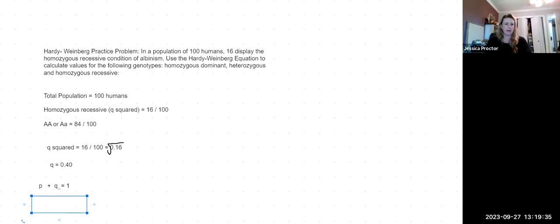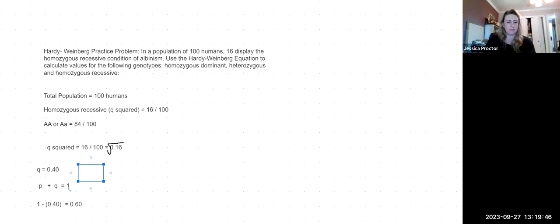So now we have our value of P and our value of Q: Q equals 0.40 and P equals 0.60. Is everyone with me thus far? Awesome. That's the conclusion of step 1.